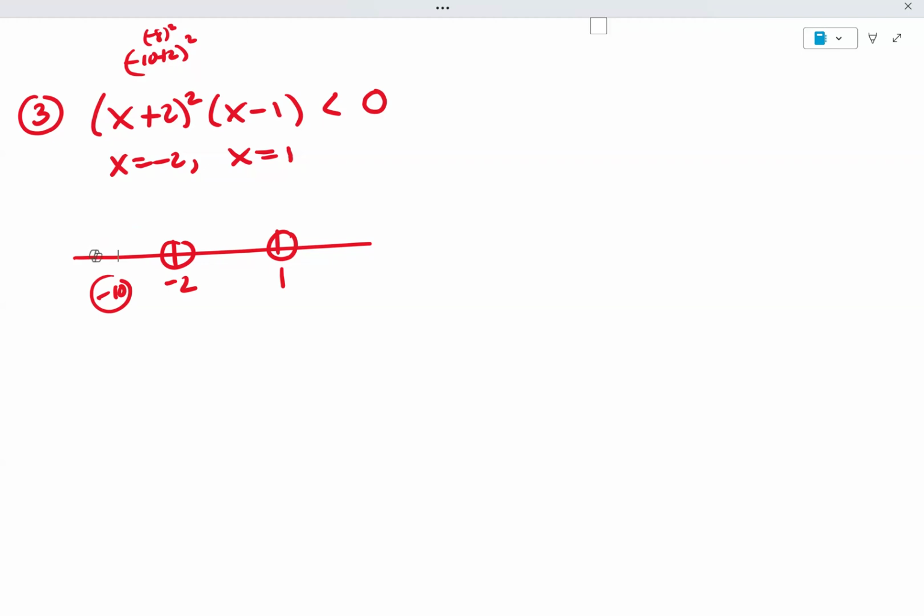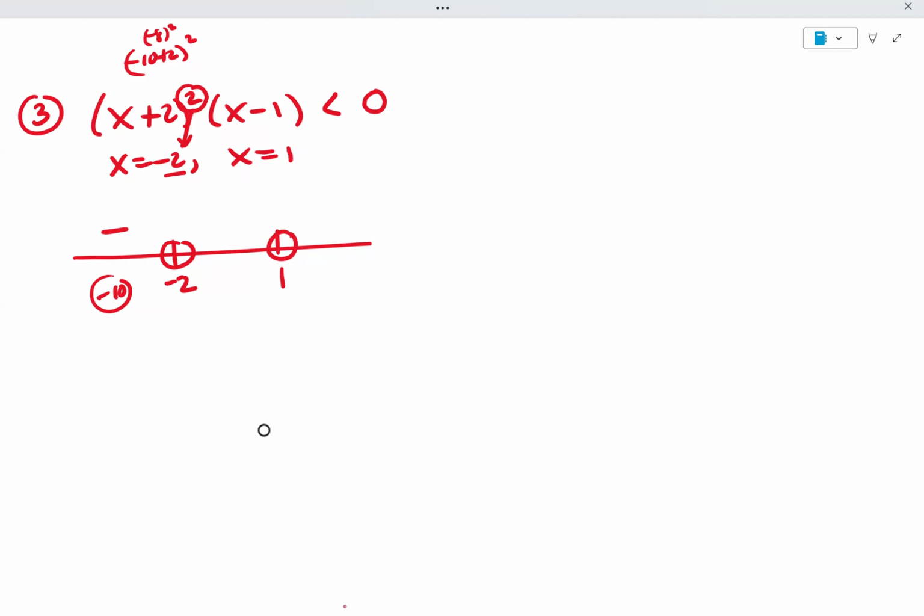So that means the values are negative on that interval. I'll do my shortcut and also do it the long way. For the shortcut, we've got an even multiplicity belonging to this root, -2, so the signs have to be the same on the two sides.